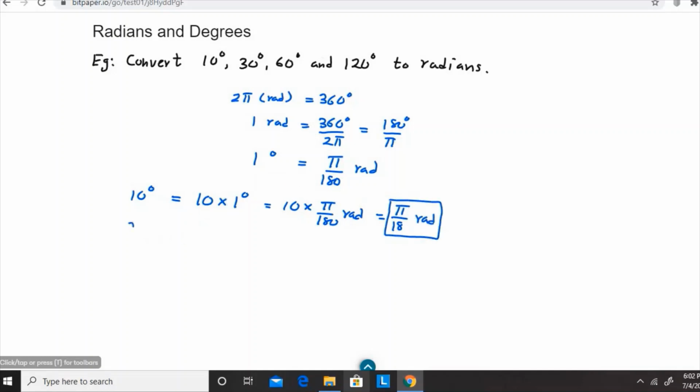Similarly, I can do 30 degrees. 30 times 1 degree equals 30 multiplied by pi over 180 radians, and the answer is pi over 6 radians.